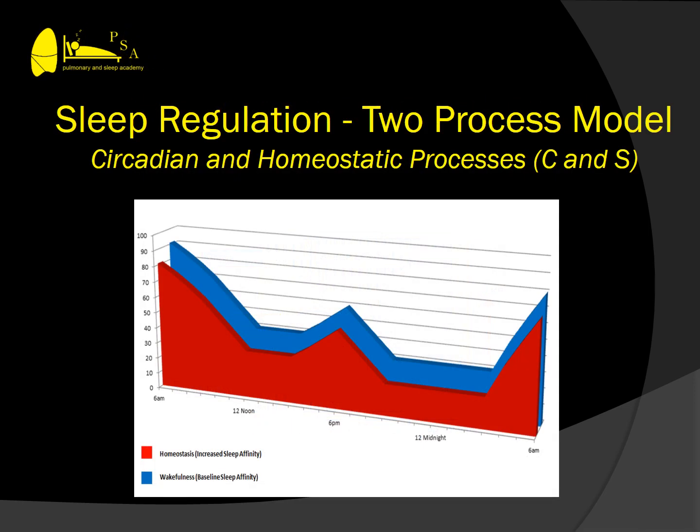So the regulation of the two-process model, the net of this, is something that could be looked at in this fashion. The process of the circadian rhythm we've looked at as far as how it proceeds in terms of our level of wakefulness throughout 24 hours.